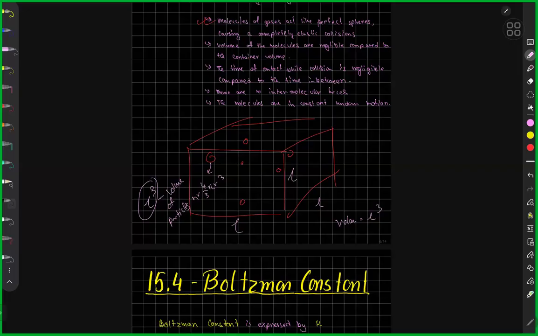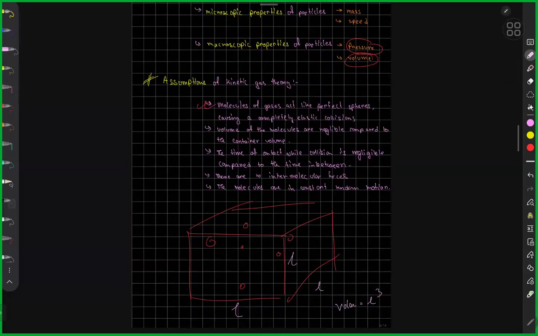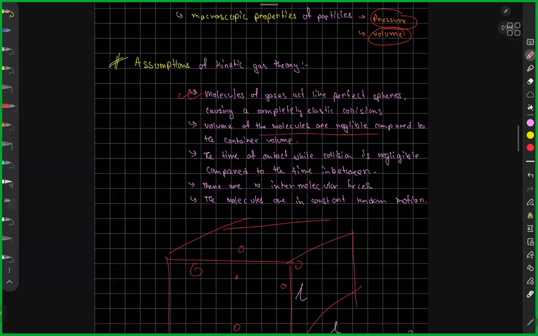So ultimately, the space available to them is L cube minus that volume. But for the kinetic gas theory, we consider the particles to have negligible volume.